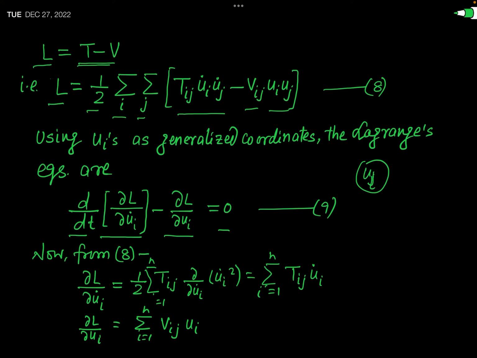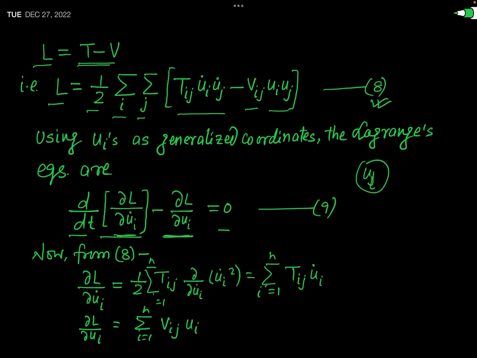Okay. Now, as we have obtained the value of the Lagrangian in equation 8, for writing the Lagrange equation we need two partial derivatives. The first one is the partial derivative of the Lagrangian L with respect to ui dot, and the other is the partial derivative of L with respect to ui.